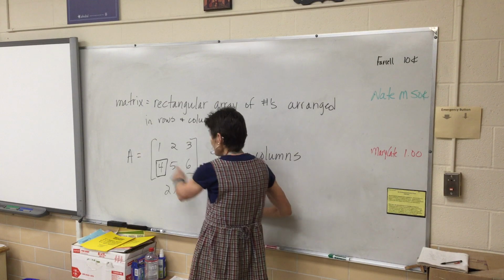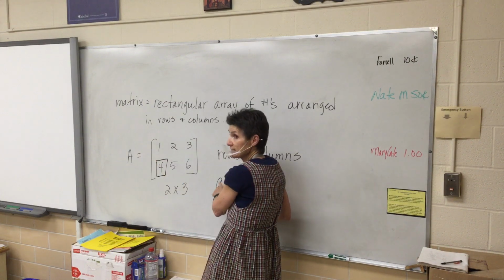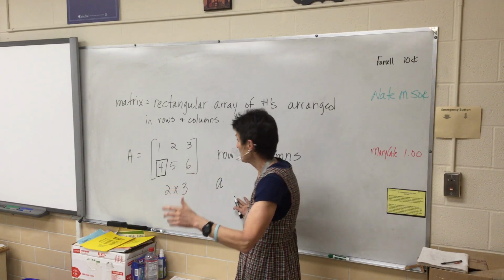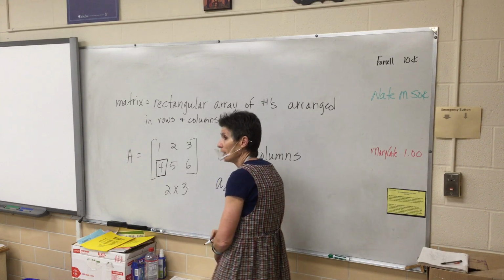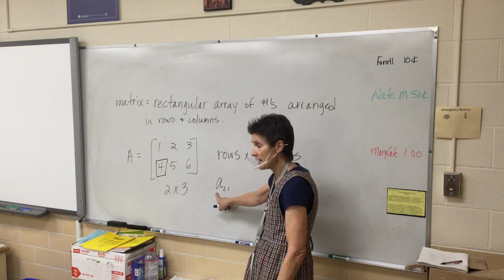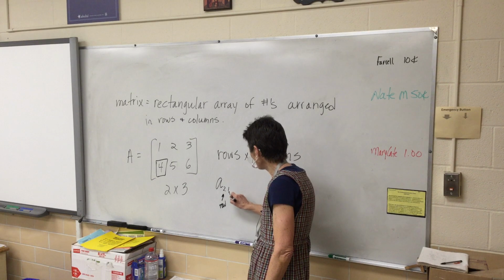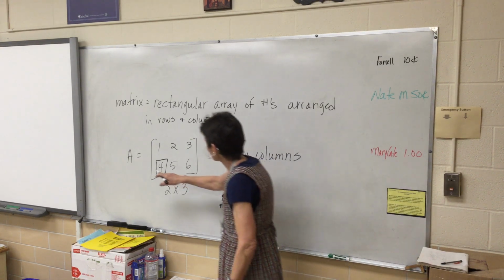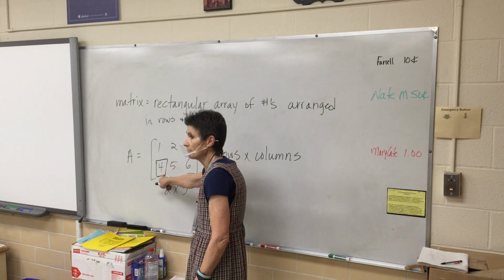That tells me it's in matrix A, since I use capital letters for my matrices. My subscript is going to be 2, 1. That means it is the number in matrix A in the second row and the first column. So the second row, first column is 4.